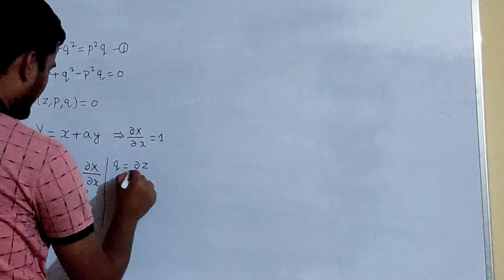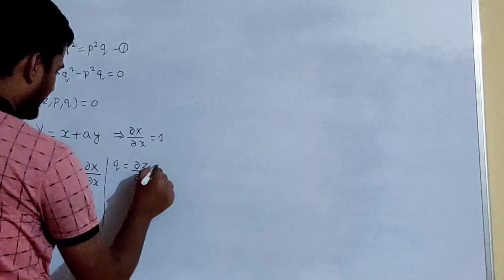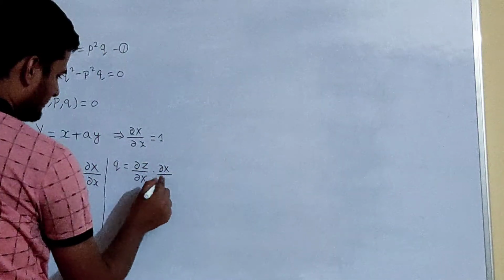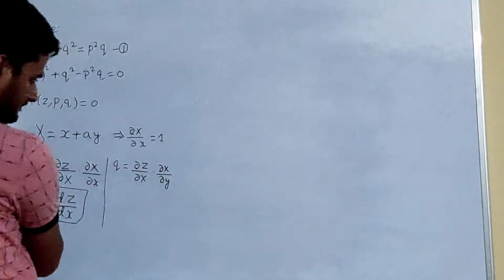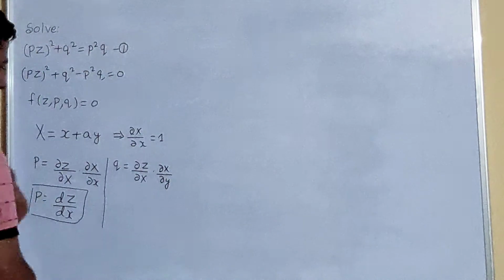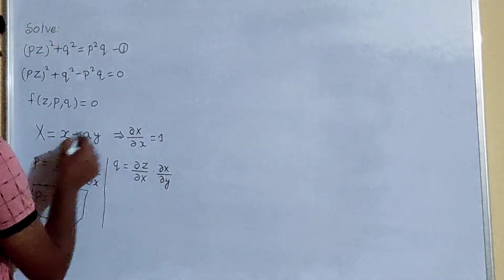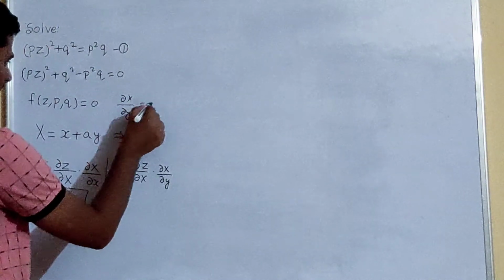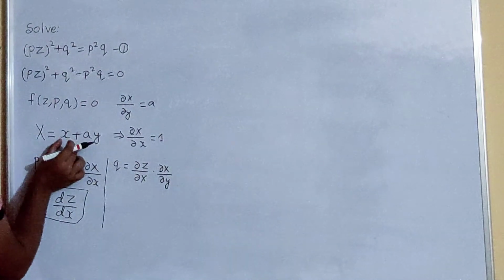Same way, del z by del capital X and del capital X, differentiate capital X with respect to y. So what will I get? Del capital X by del y is a, because I will treat this as constant.